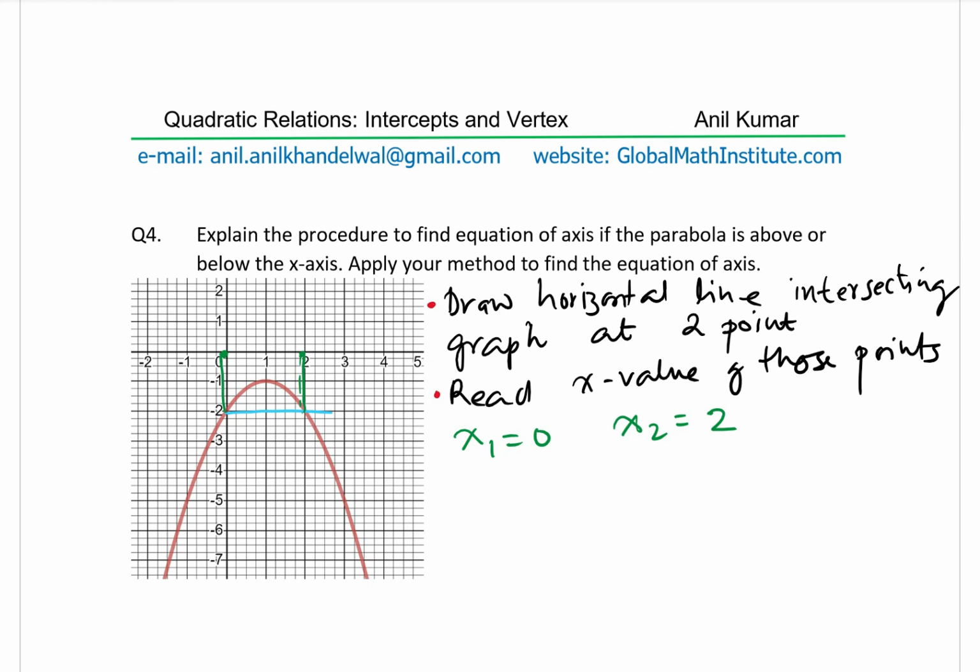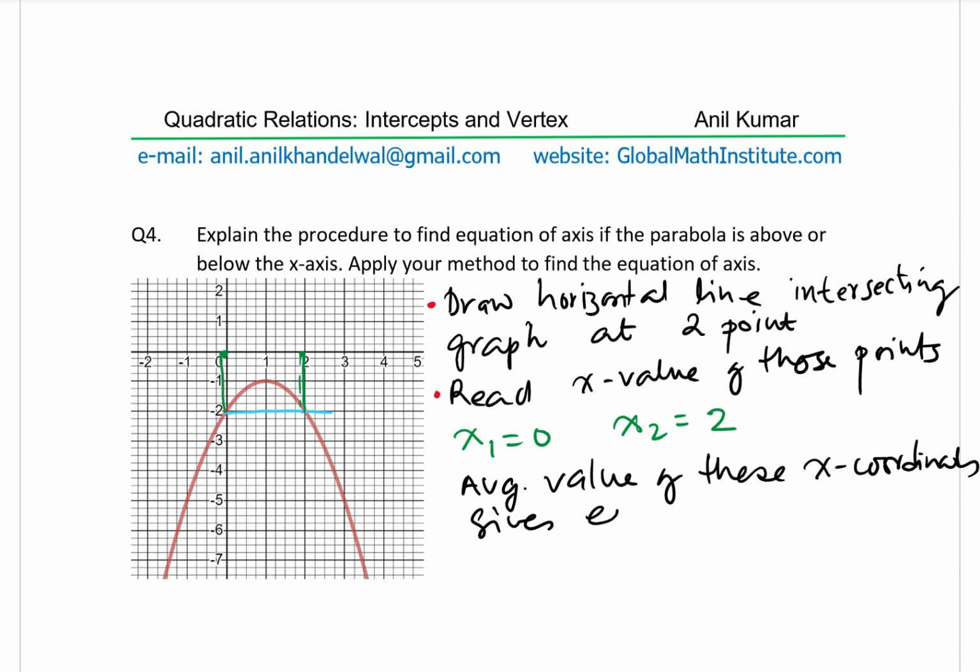Axis is the average value. So the average value of these x coordinates gives the equation of the axis. Is that clear to you? So we get the axis as x equals 0 plus 2 divided by 2, which is 1.